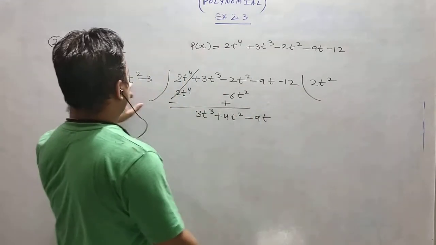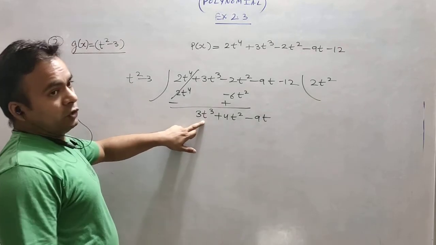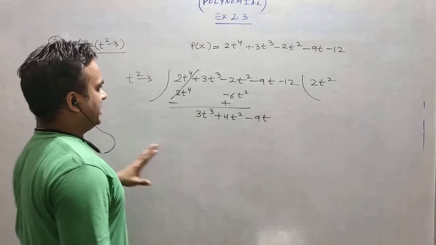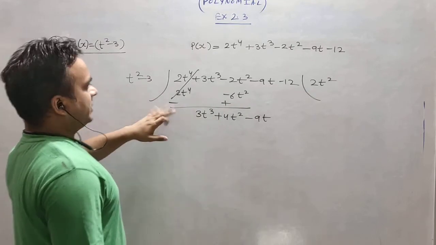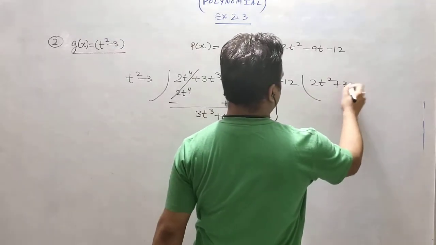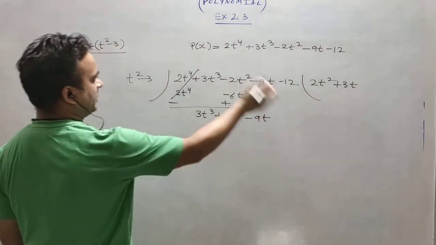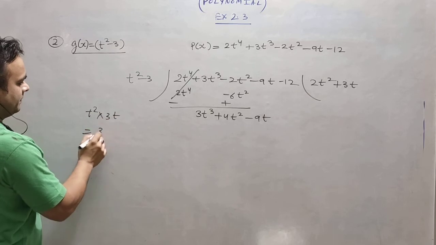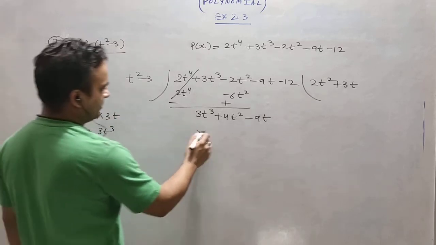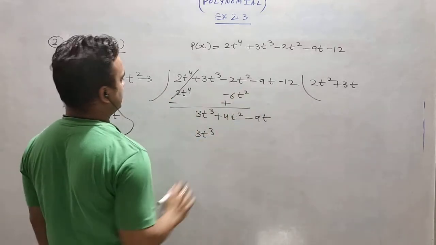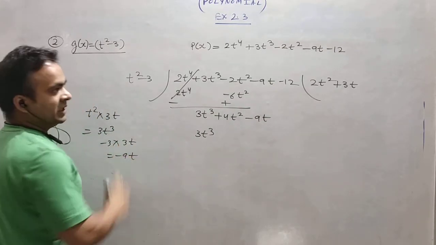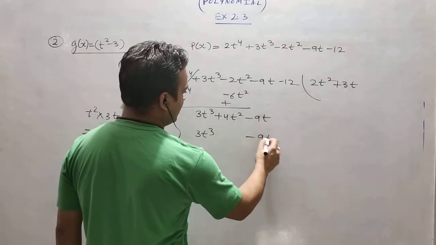Now this is t square, this is 3t cube. So for t square we want one more t, so we will multiply by t here and by 3 also, so it means plus 3t I want. If I multiply this 3t with this, suppose t square into 3t, what will it be, 3t cube we are getting, and minus 3 into 3t, minus 9t, so we are writing here minus 9t.